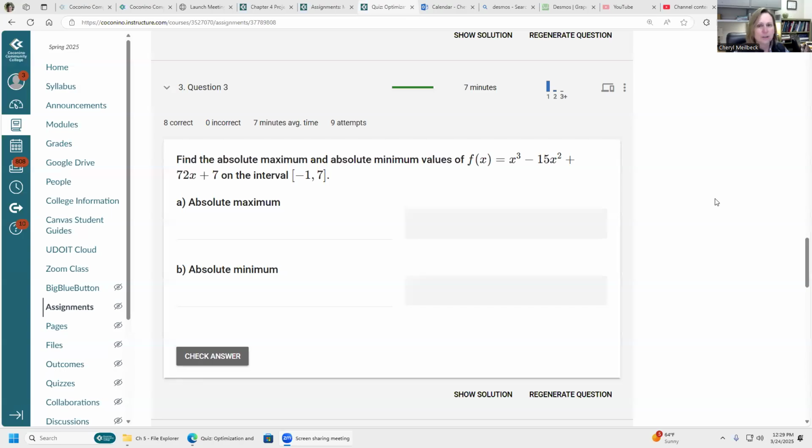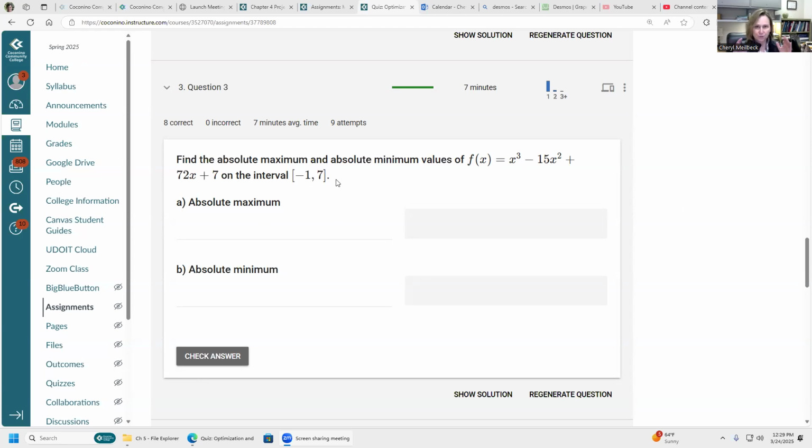In this video, we are going to continue looking at some of the questions from the optimization quiz, starting with question 3. Question 3 says, find the absolute maximum and absolute minimum values of the function f of x equals x cubed minus 15x squared plus 72x plus 7 on the interval from -1 to 7.